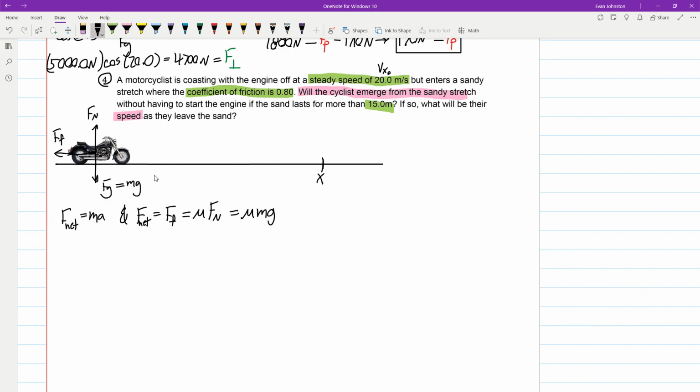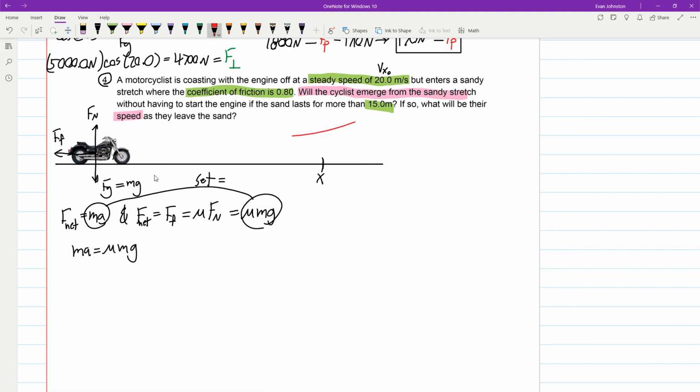So now we know if this is F net and this is F net, the left sides are the same. That tells me that I can set the right sides as equal, because they are both representing the net force. So m times a is equal to mu times m times g.